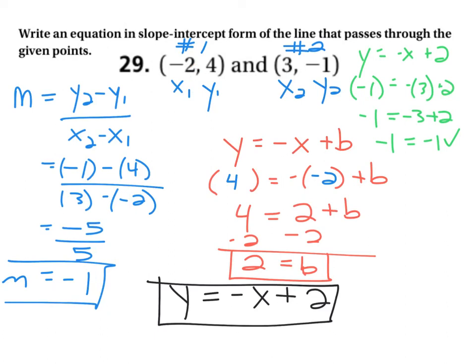By getting rid of them, what I mean is we're using actual numbers, so there's only one missing value. And when we simplify that, we find b. So we used point number 1 to find b and therefore write the equation. So now we're going to use point number 2's x and y values just to check that our equation was correct. Because if it was correct, then it should work for that point 2. And it does. It works for that point 2. So we're done.